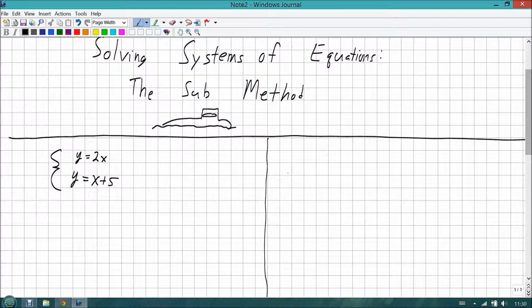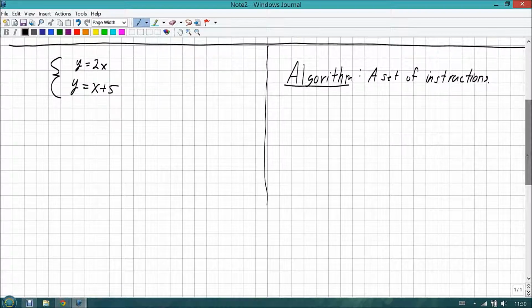This kind of thing is called an algorithm, and an algorithm is a set of instructions. If you follow the algorithm, you will get it right every time, guaranteed, as long as you don't make any silly mistakes like 2 plus 2 being 5, or 12 minus 1 being 21, or something ridiculous like that. So just remember, an algorithm is a set of instructions.